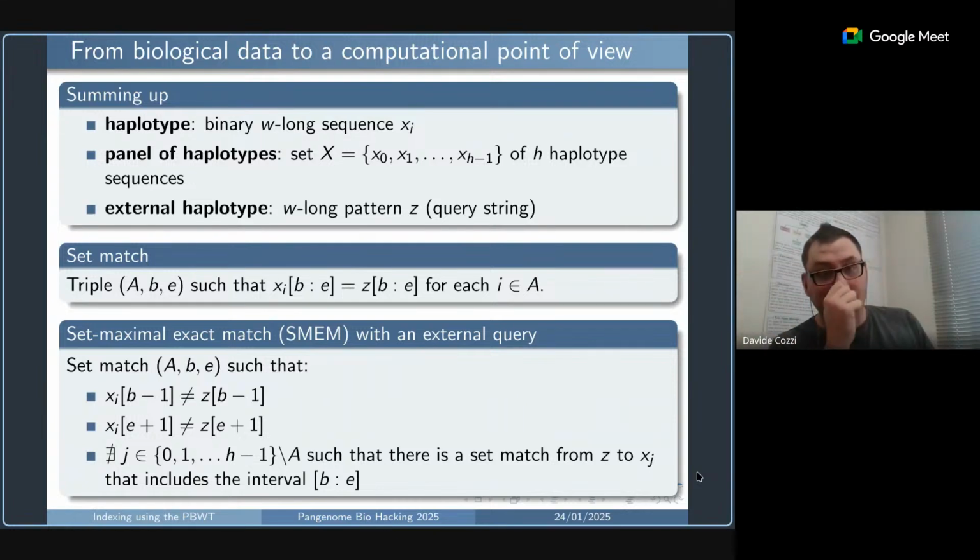In this case it's with an external query, but we can think about Z as another haplotype in our reference panel. And this kind of set match, as you can see in these three dots in the last block, cannot be extended either to the right or to the left, and we cannot include any other haplotype without losing this property of having a match.